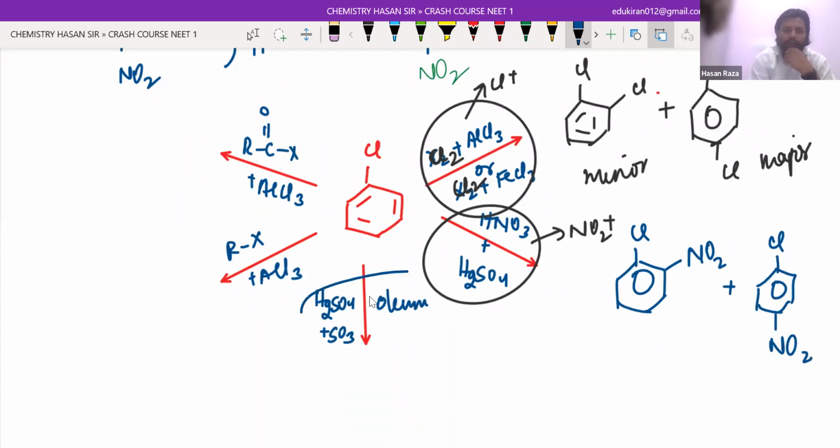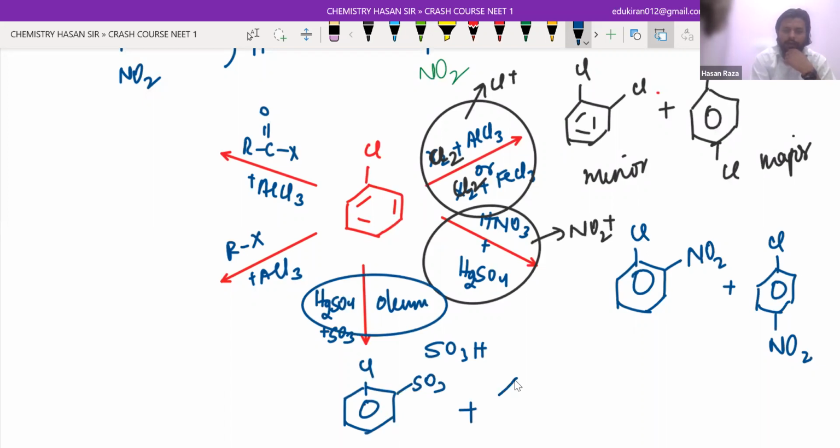If you see this, there will be formation of SO3H, which will be attacking either at ortho or at para.